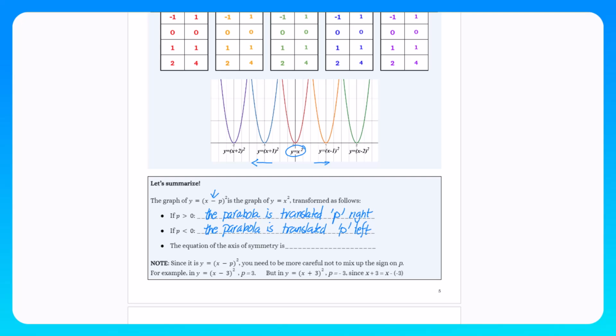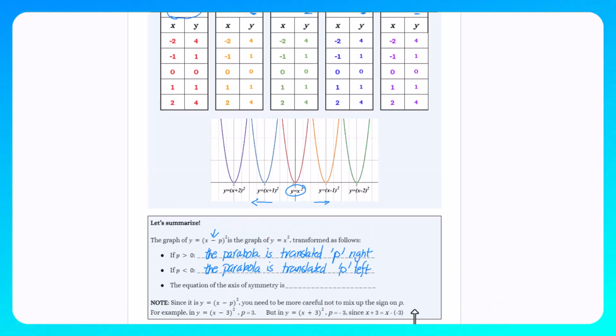Now, another thing is, the nice thing about that p-value is it actually is the same thing as the axis of symmetry. Remember the good old axis of symmetry? Well, that p-value, notice there, our p-value is -2, and the axis of symmetry is -2.